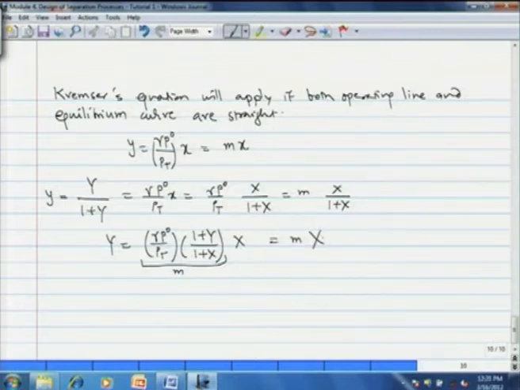When the equilibrium relation is defined in terms of mole ratio, the equilibrium constant M is gamma P naught by Pt into (1 plus Y) divided by (1 plus X).